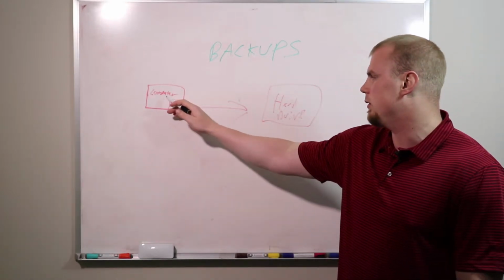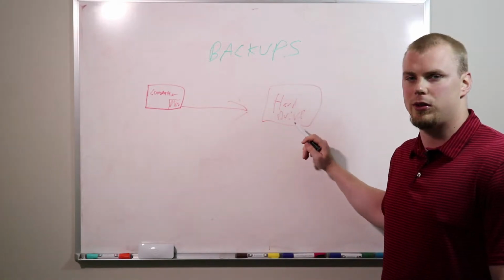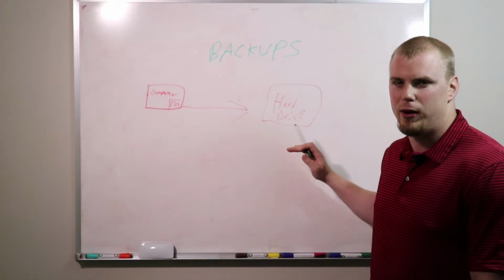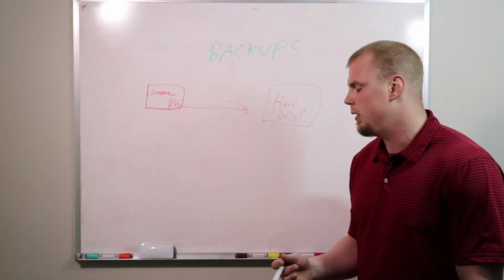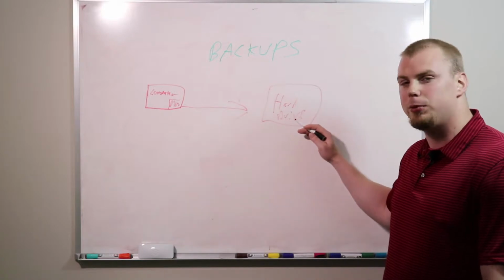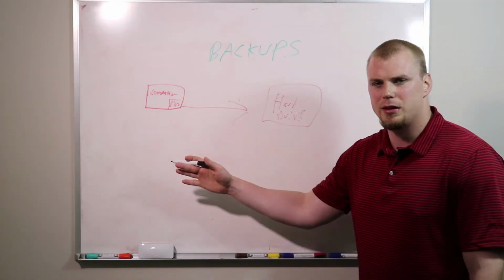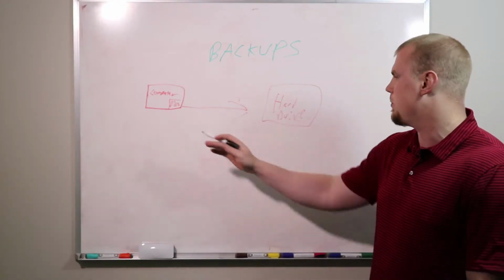But if you accidentally deleted a file off of your computer, you would be able to recover it off of this external hard drive, depending on if this computer synced to the hard drive before you made the change, or how the settings are set up. This one might have multiple backups on it, so you can go back to a different point in time. So this is a very basic level. If you're going to start doing backups, this is where you want to start.